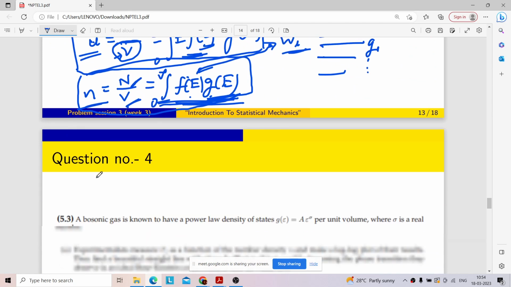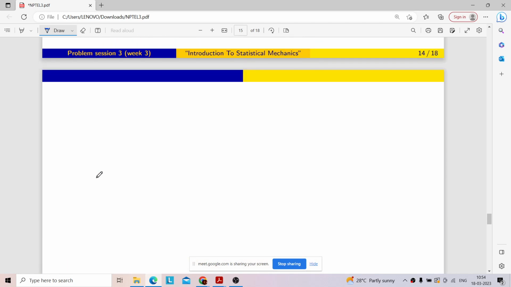Or we can calculate the specific heat also by differentiating the formula. The specific heat formula is del U over del T. Any questions?